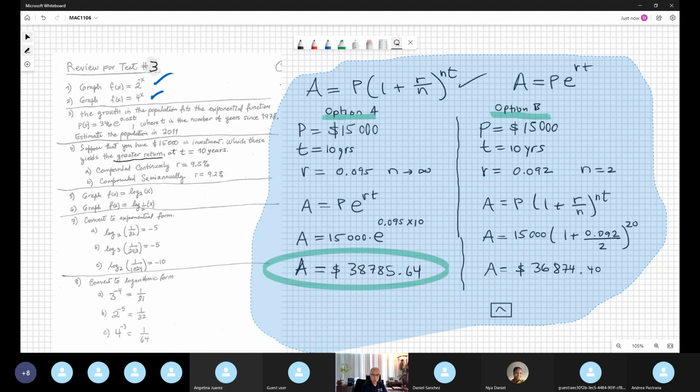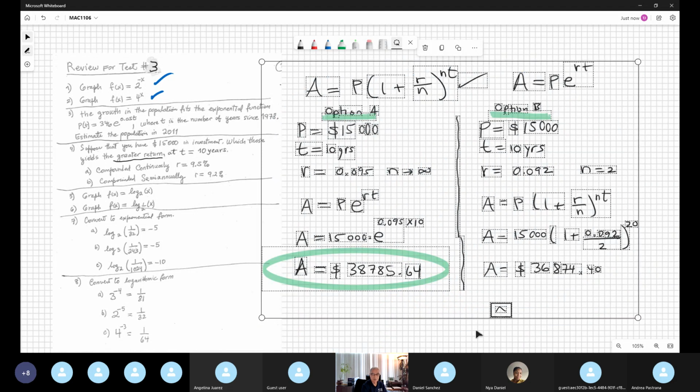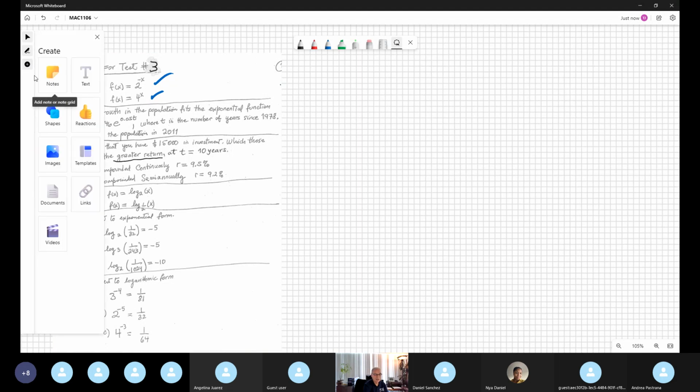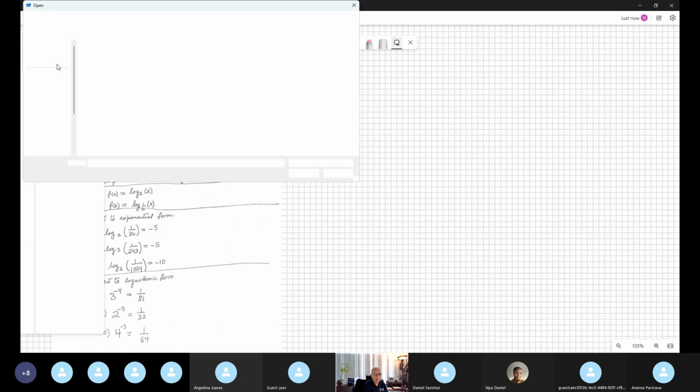Erase everything. Okay. Questions 5 and 6 are again graphs, but it's not the graph of the exponentials, it's the logarithmic, which is a little bit similar, not too much, but a little bit. Let me try to find a paper.